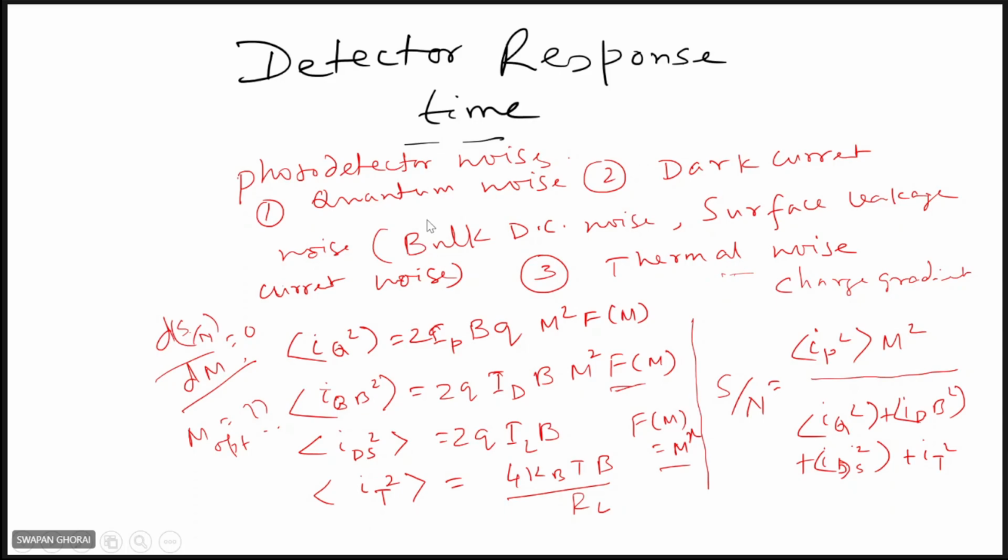Here we have seen two types of photodetectors: PIN photodetectors and avalanche photodetectors. In PIN photodetectors there are three layers: P layer, intrinsic region, and N layer. When the power at the output end of the fiber is moderate, you can use a PIN photodiode.